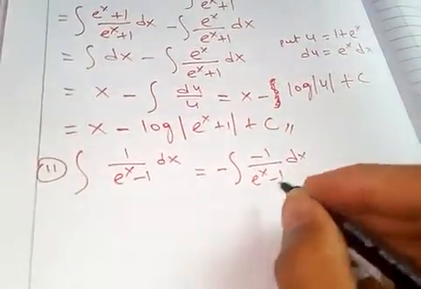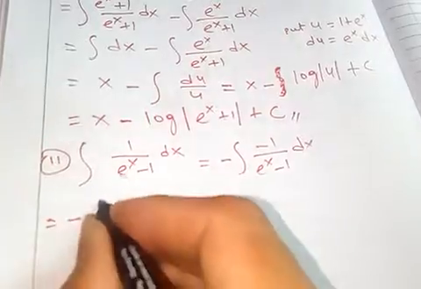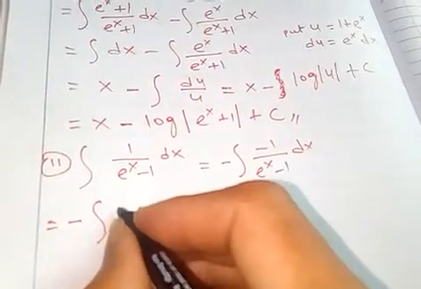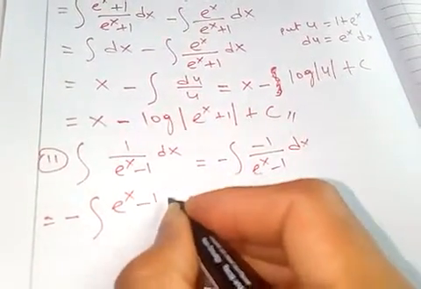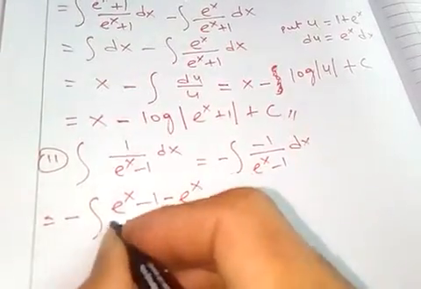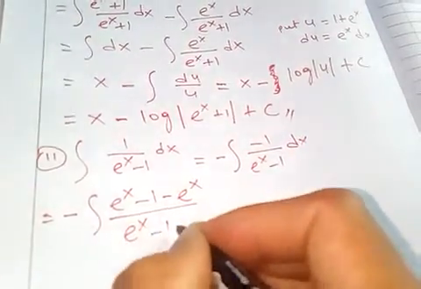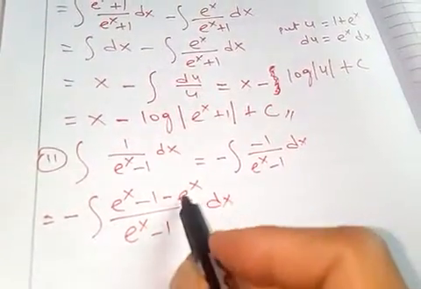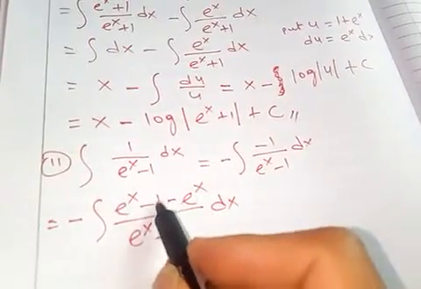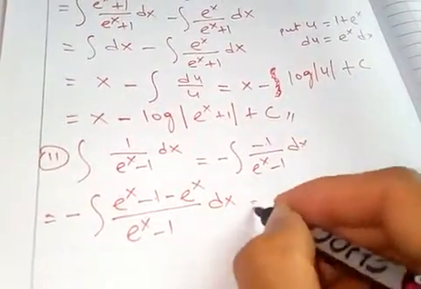And this one I simplify again: minus the integral of e to the x minus 1 minus e to the x over e to the x minus 1 dx, because the e to the x terms cancel, and the minus 1 again, same thing.